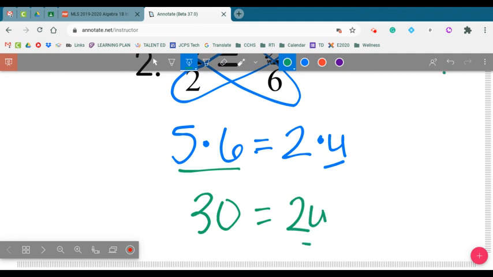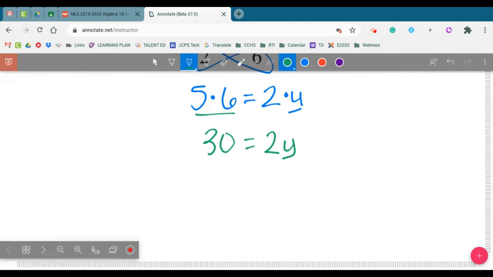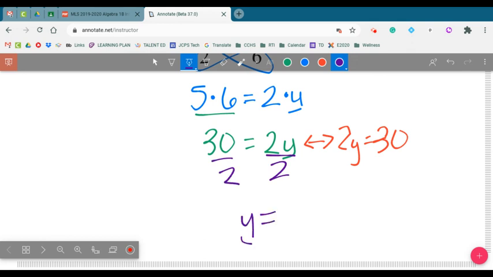Now on this one, our variable is on our right side. Since our variable is all by itself over there, we can keep it. Now, if you wanted to, you could also rewrite this as 2y equals 30. That is the same thing, so you could write that either way. So we're going to divide both sides by 2, and you're going to get y equals 15.